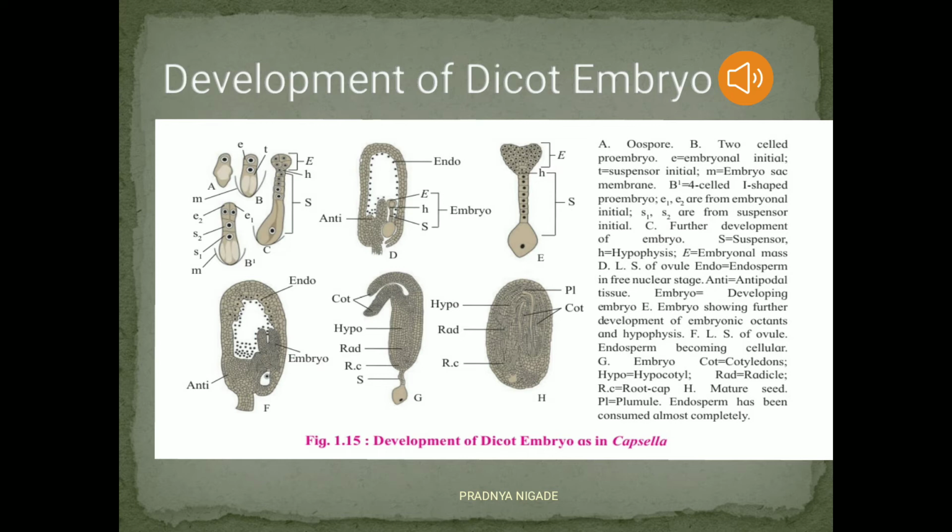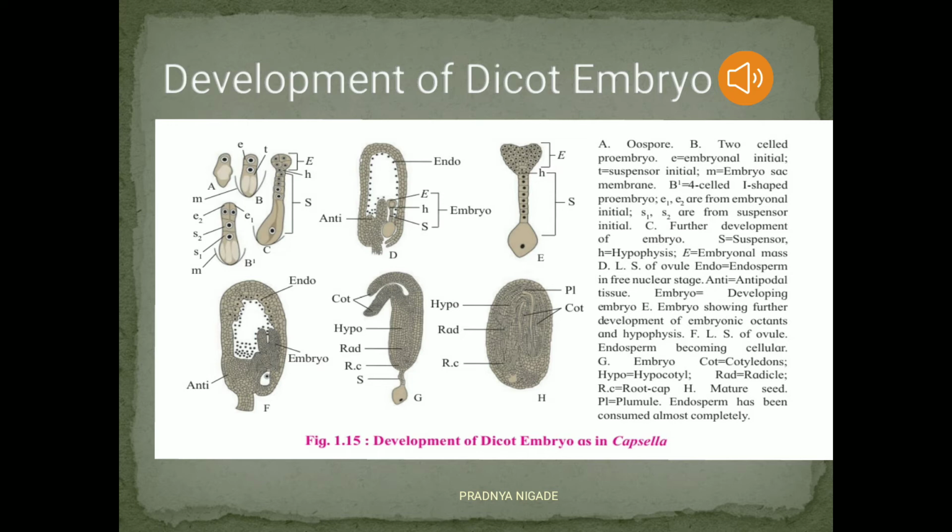The embryonal initial cell undergoes 3 successive mitotic divisions and forms the octant. After the first mitotic division, the embryonal initial cell produces 2 cells. After the second mitosis, it produces 4 cells, and after the third mitosis, it produces 8 cells. So thus a total of 8 cells are formed.